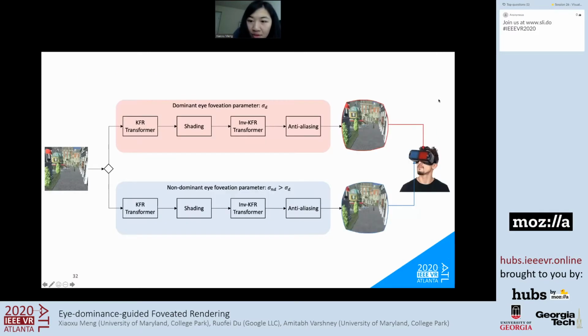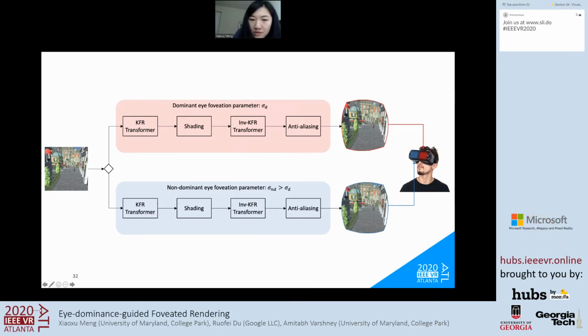Okay, so here is the overview of the eye dominance guided foveation system. Our system uses two foveated renderers with different values for the dominant eye and the non-dominant eye. For the dominant eye, we choose a foveation parameter sigma d, which results in an acceptable foveation level for both eyes.